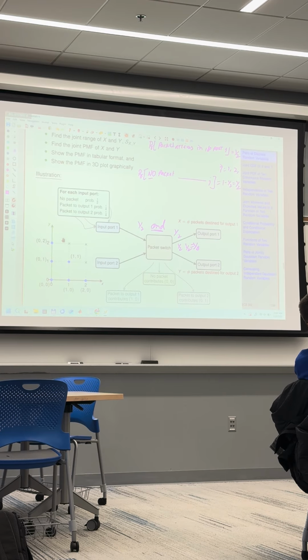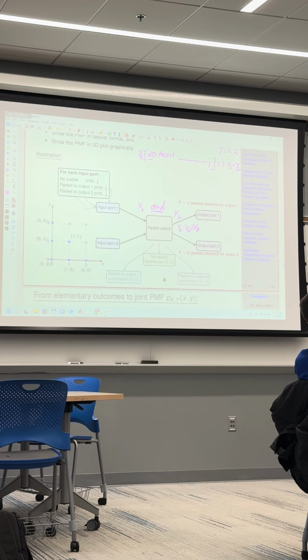When no packet arrives, it contributes X equals 0, Y equals 0.